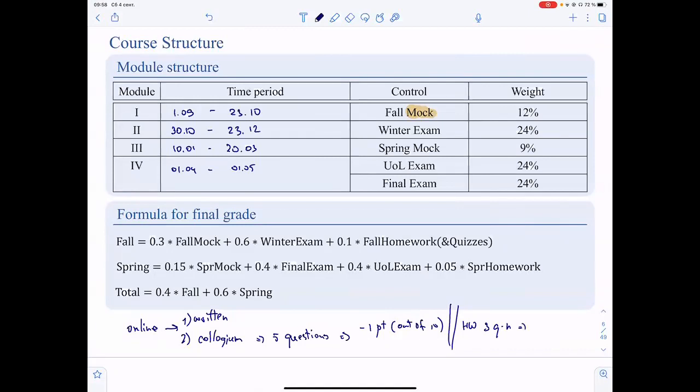If you do not answer a question, then the score is decreased by 1 point out of 10, of course. So the maximum loss you may get is about 3 points, but you would get much better if you are practicing your homeworks, if you are getting feedback.